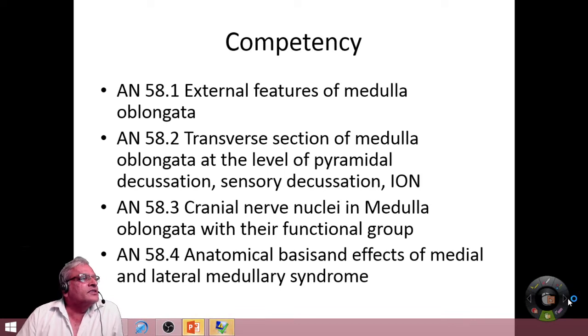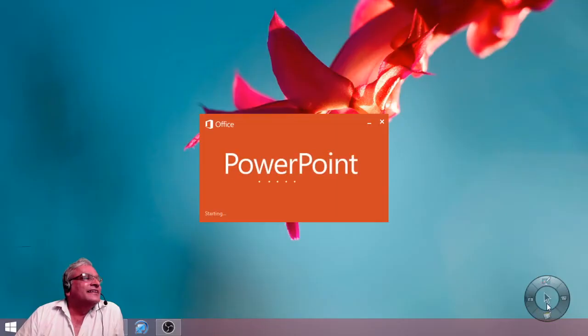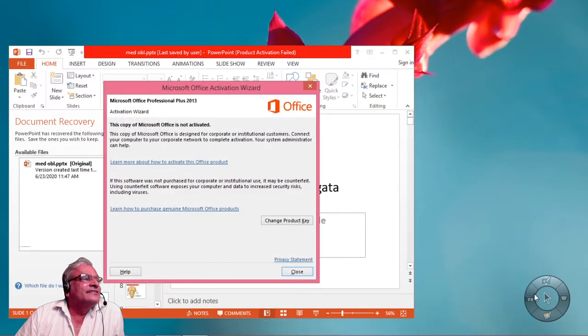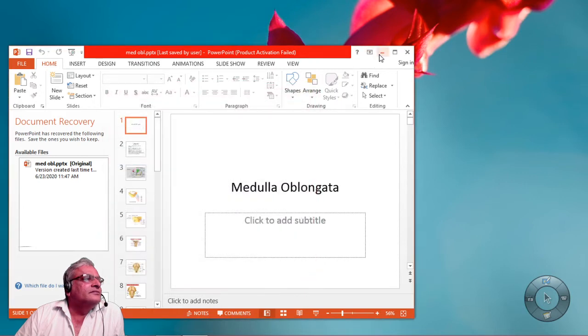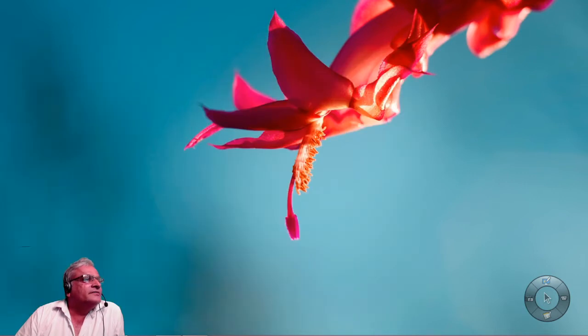Oh, everything's upside down. Upside down and front to back.